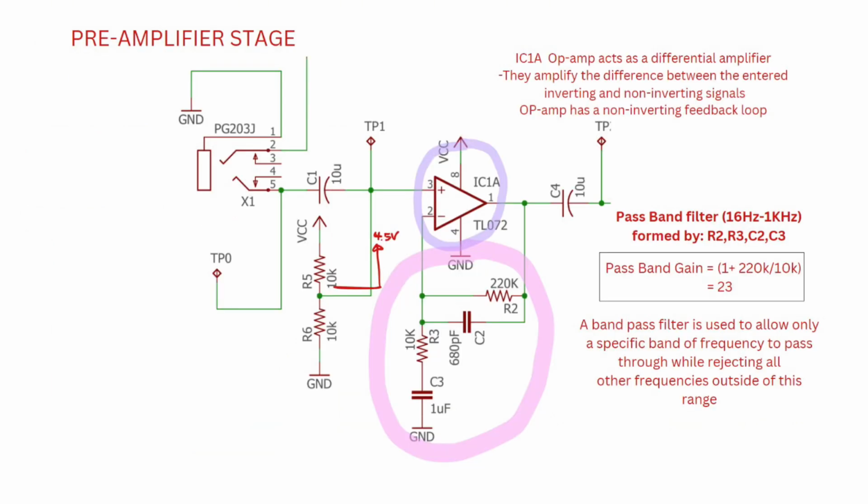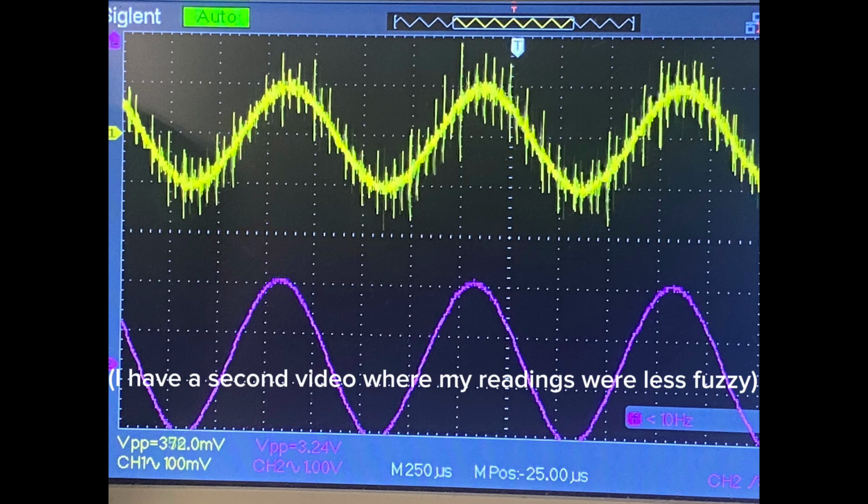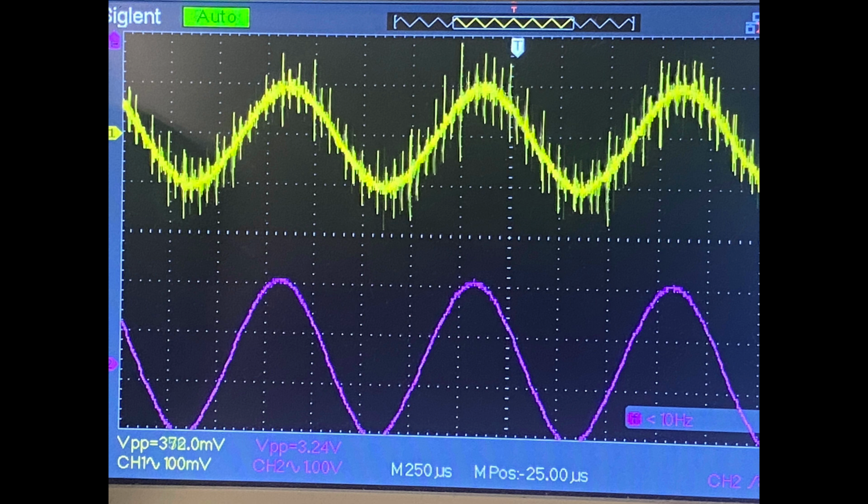And so we have a pass band gain formula, which is 1 plus R2 over R3, and we get 23. This is my waveform. I put it at 400 millivolts, and then my frequency was 10 hertz.